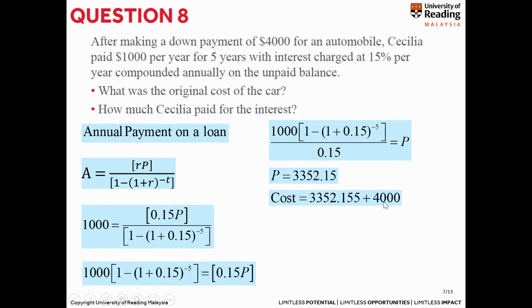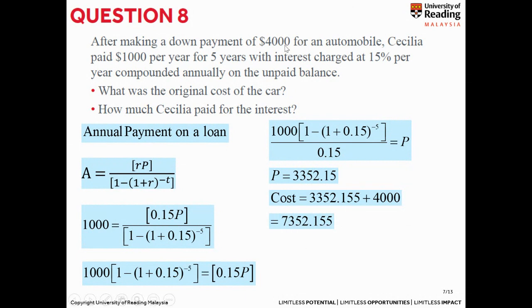So the cost of the car is the amount that she borrowed plus 4,000, so the original cost of the car is 7,352.15. How much did Cecilia pay for the interest?